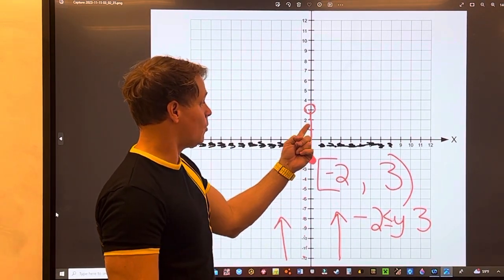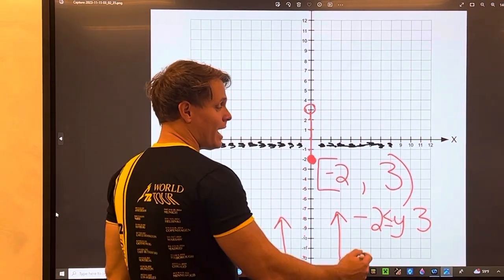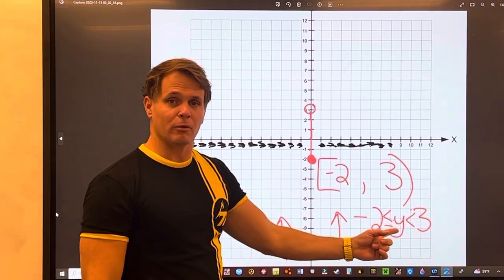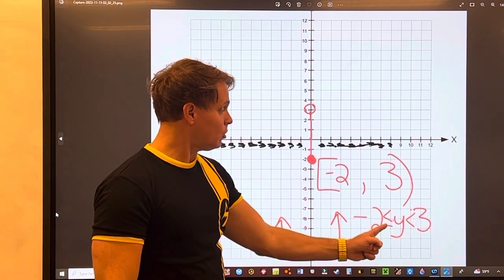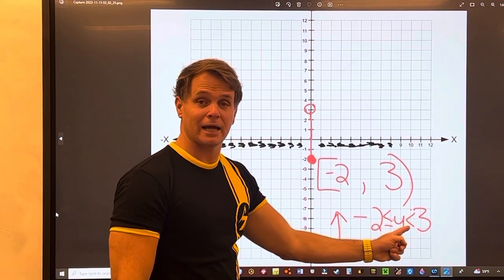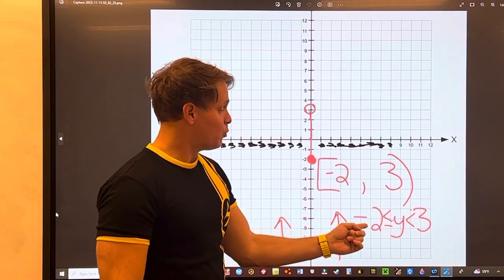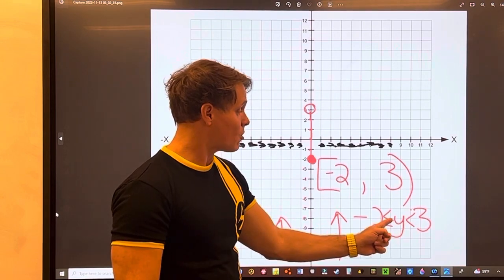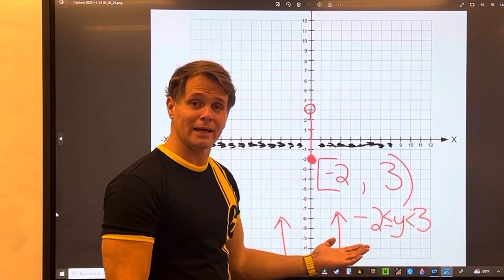Like -1, 0, 1, 2, 3. And y is less than the number 3. Closed circle, less than or equal to. Open circle, less than. If you write the smallest number on the left and the biggest number on the right, the arrows are always going to be going in the same direction.